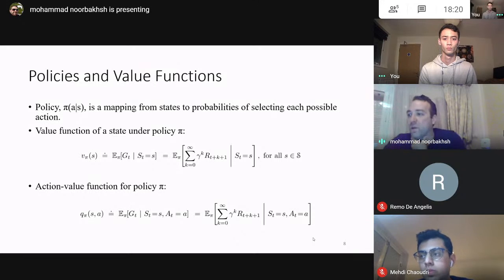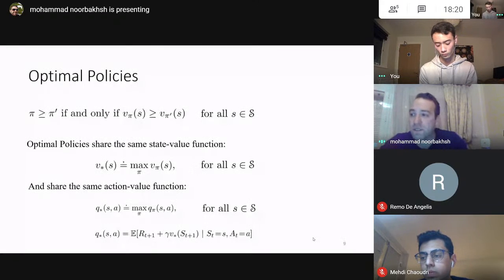So if an agent follows policy pi and keeps an average for each state encountered, of the actual returns that have followed that state, then the average converges to the state's value as the number of times that state is encountered approaches infinity. So we have another concept, which is the optimal policy.